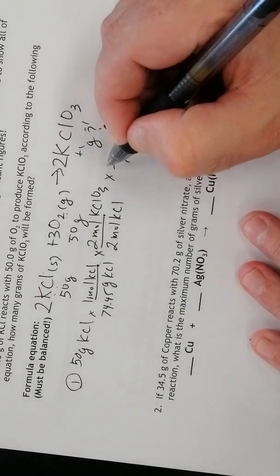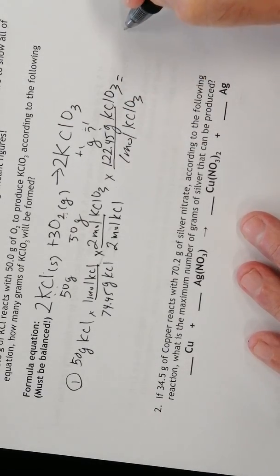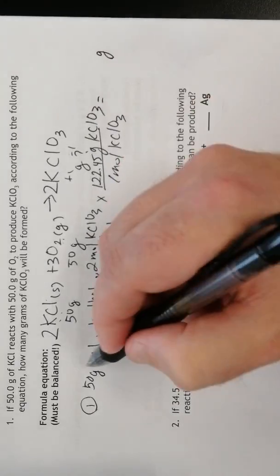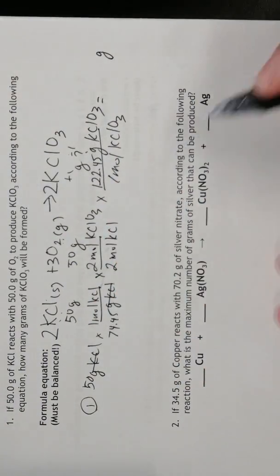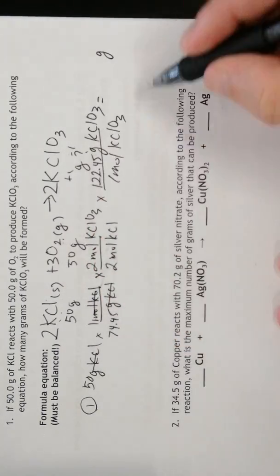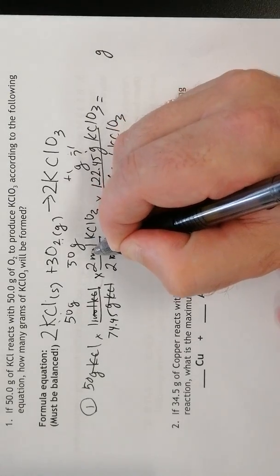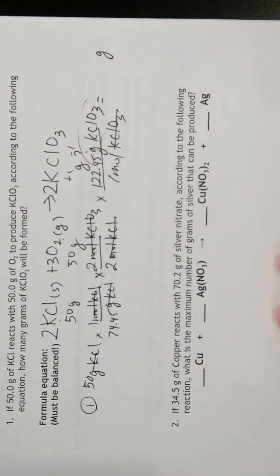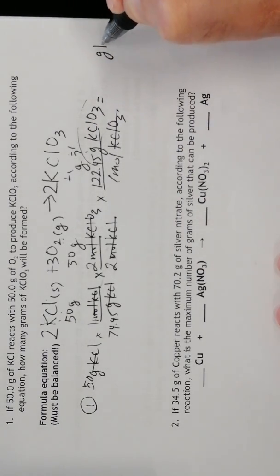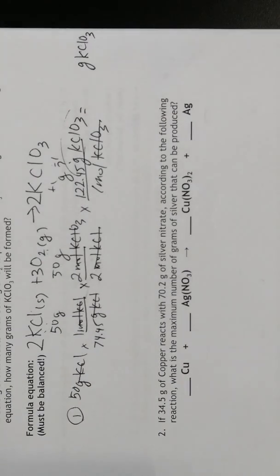That works out to 122.45. And so I can see that I've got grams of potassium chloride, that cancels. Moles potassium chloride, that cancels. Moles of potassium chlorate and moles of potassium chlorate, that cancels. So my answer will be grams of potassium chlorate.